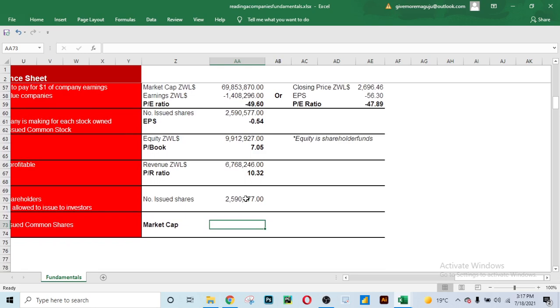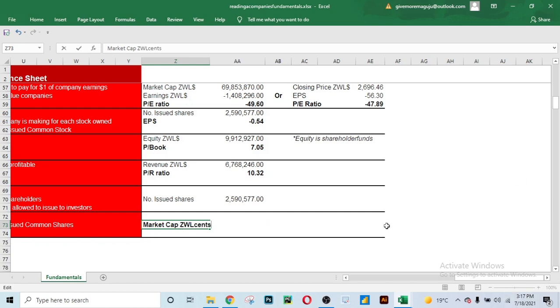Remember, we said market cap is equal to market value times the number of outstanding issued shares. So we just say equals, we've got our share price there, but it's in cents. We are going to deal with that later. So let's say that times the number of issued shares here. Perfect.